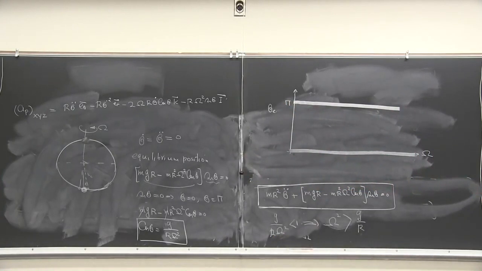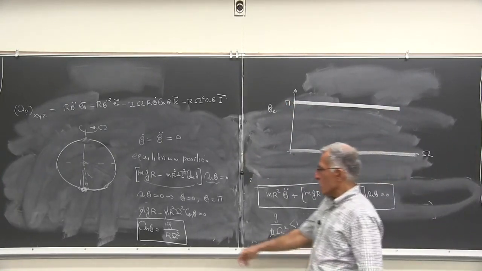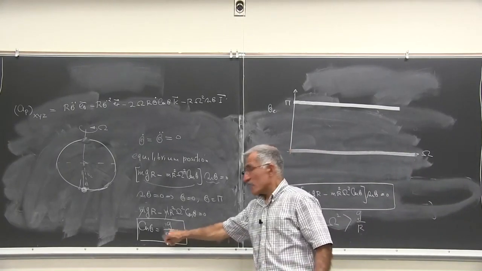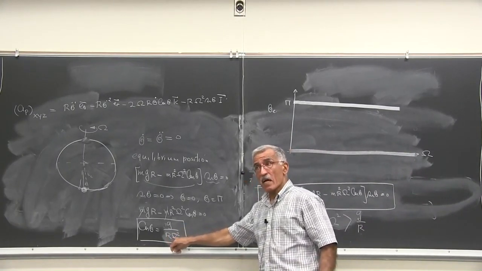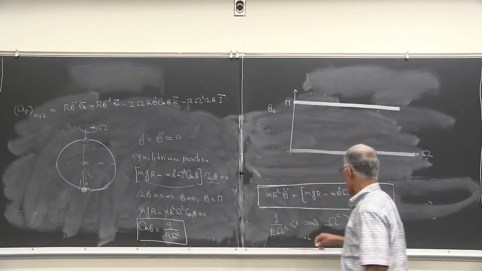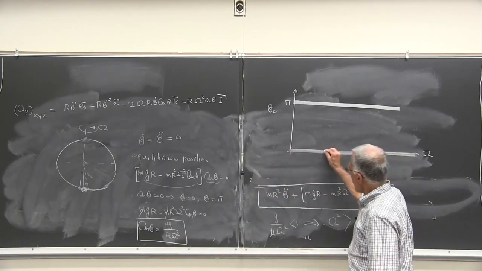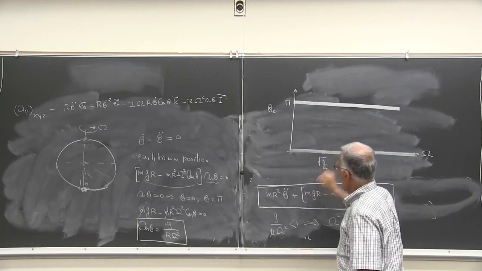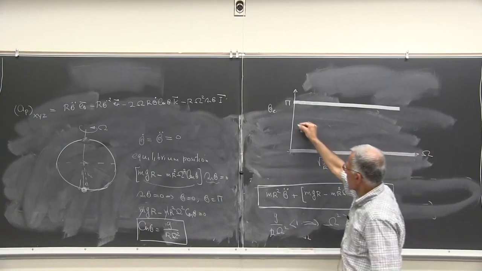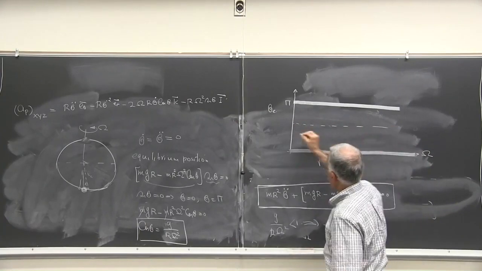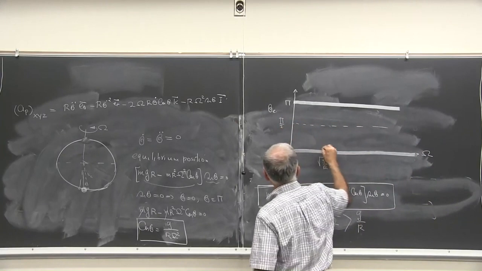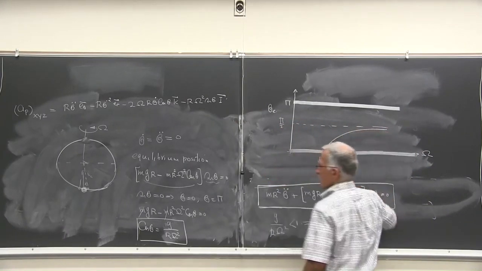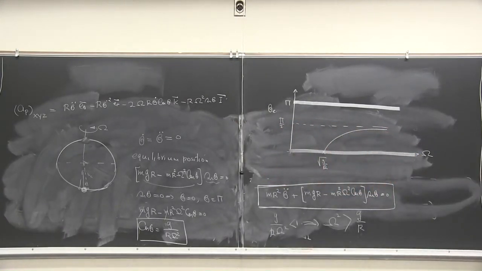And the third one is cosine theta equals g over r omega squared, but this only exists if omega is greater than the square root of g over r. As your omega increases, theta approaches pi over 2. The equation of that line is cosine theta equals g over r omega squared, and it asymptotically approaches pi over 2.